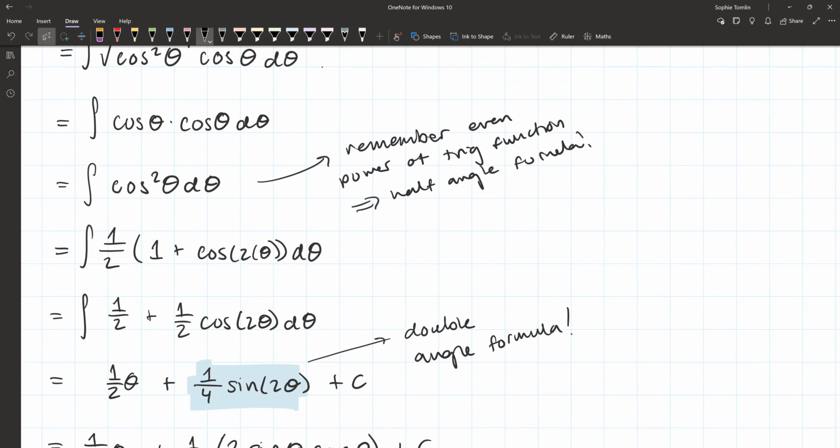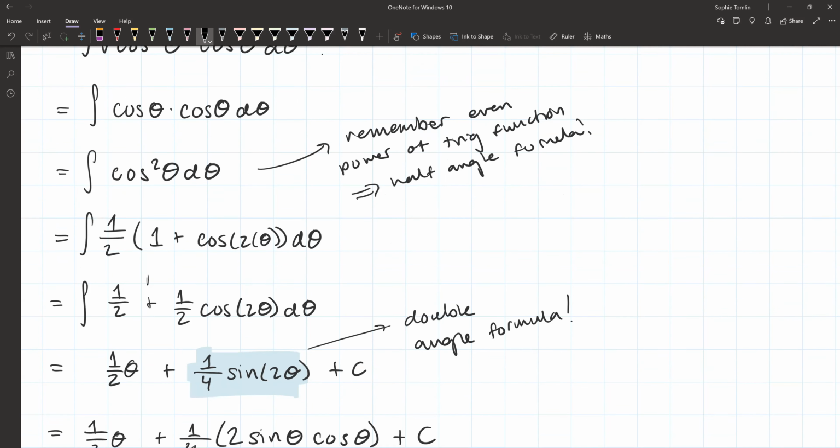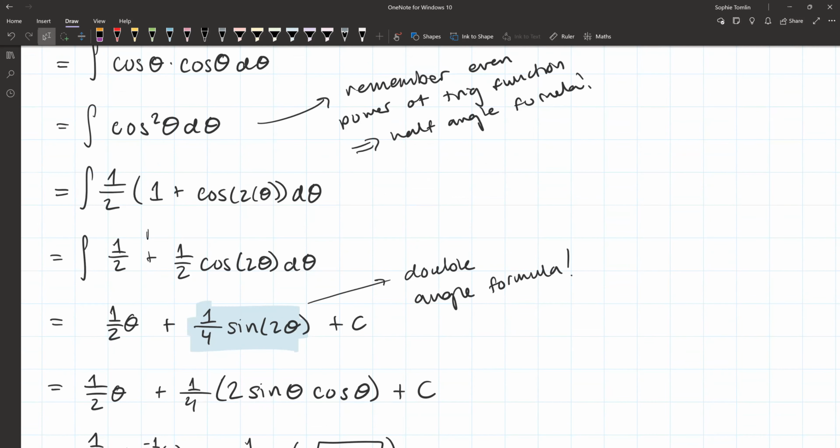We can break it apart if you want, and have our 1/2 d theta, and then our integral of 1/2 cos 2 theta d theta. In any case, either way, you're going to be left with your integral, which is going to be 1/2 theta plus 1/4 sine of 2 theta.